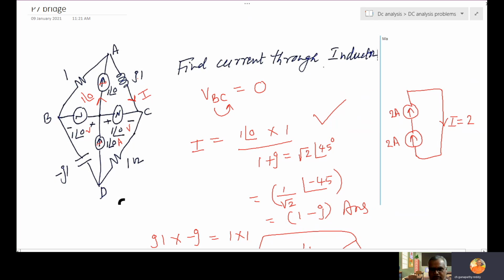Like that you have to think. Or if you think the bridge is balanced, what is the current here? 0. If this current is 0, then what is the total current flowing from D to A? 1 angle 0 only.